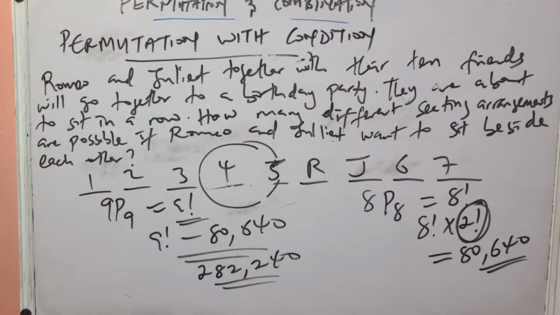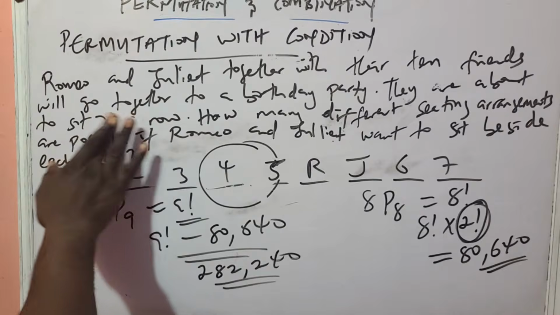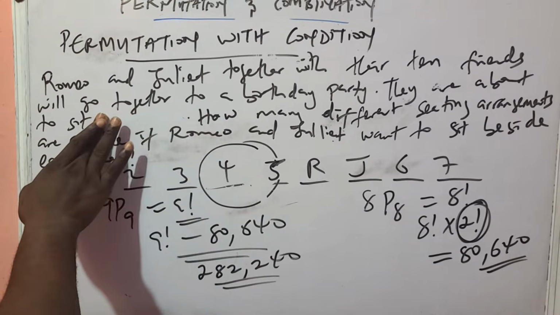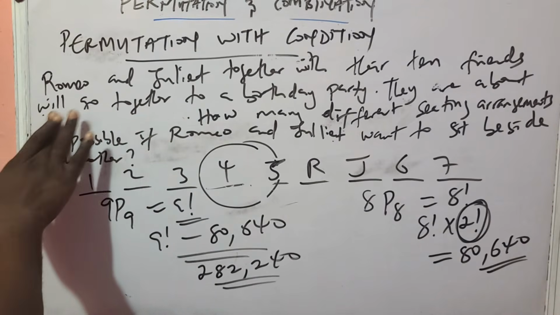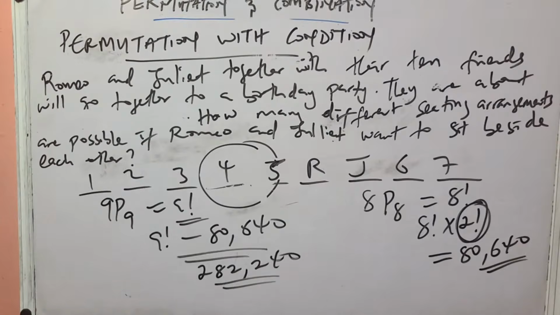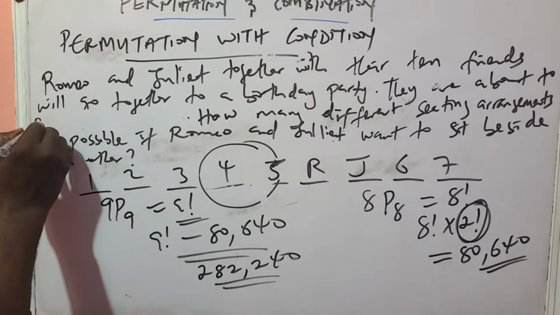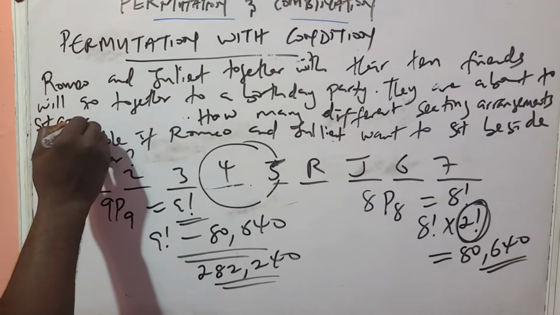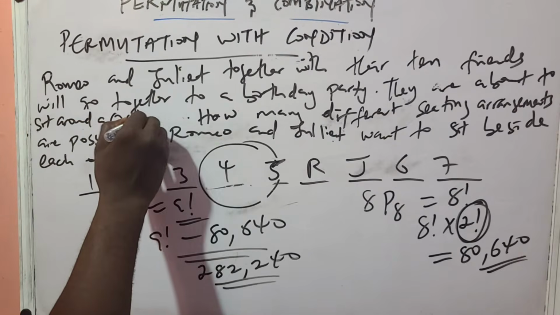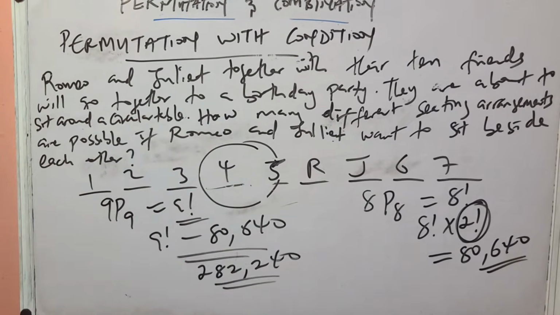Now, look at the case here. They are about to sit around a circular table. So this time they're not sitting in a row. They are sitting around a circular table.